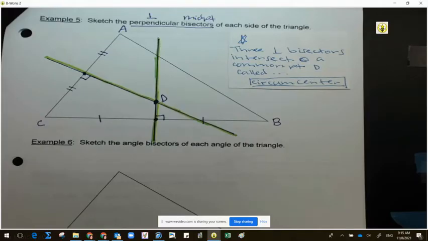Should we study that phrase before the next quiz? Might be a good idea. So if you chose any 3 lines or any 2 edges from the triangle, it's still going to give you a circumcenter. It might be off a little bit because of human error, but that is okay.